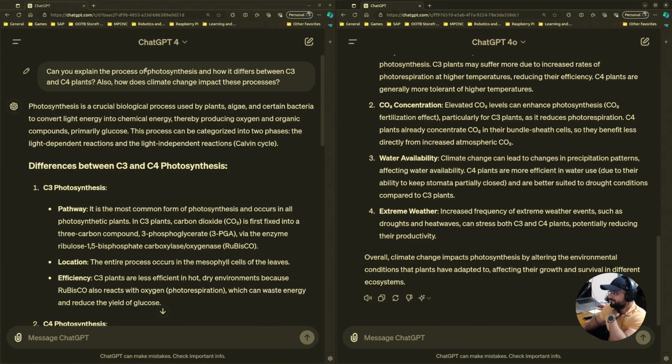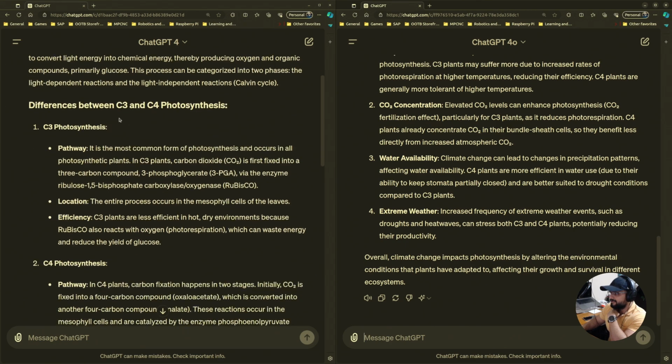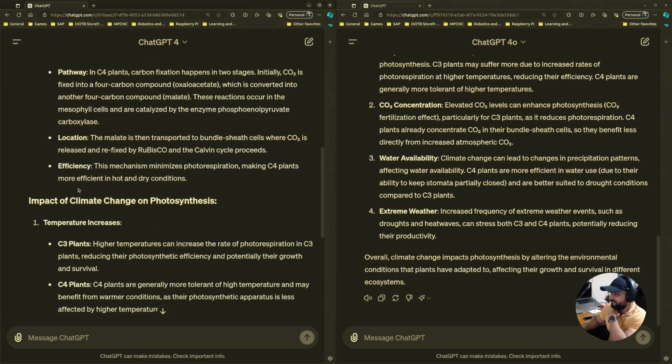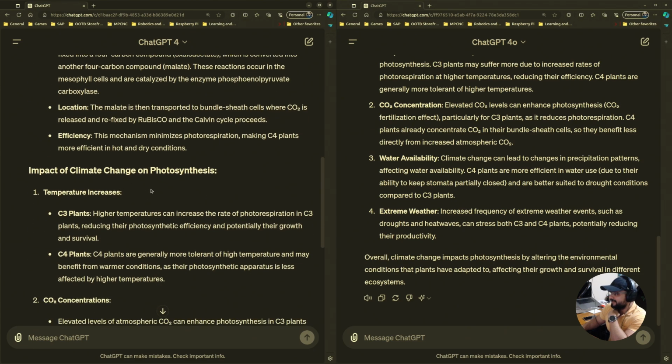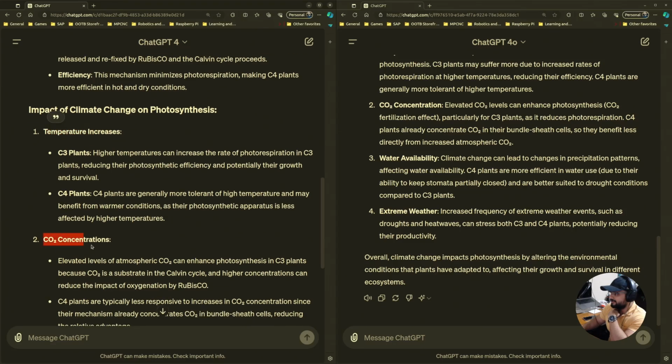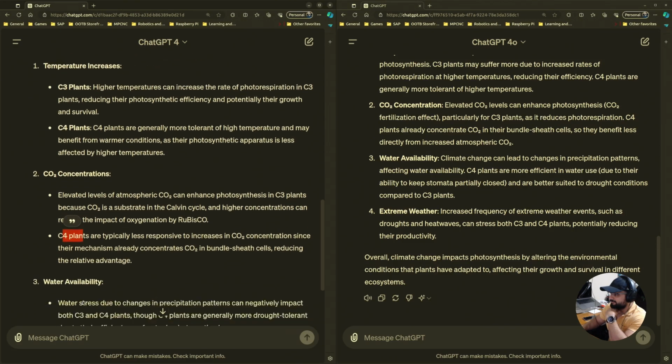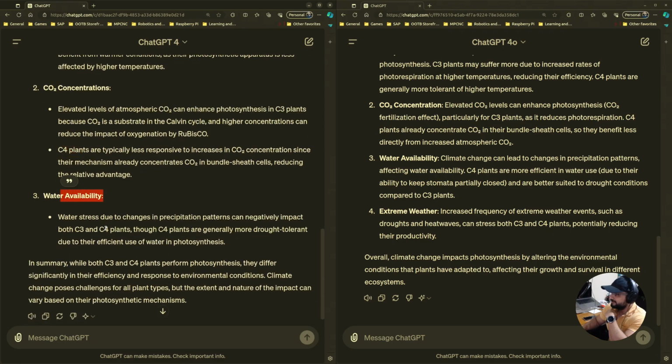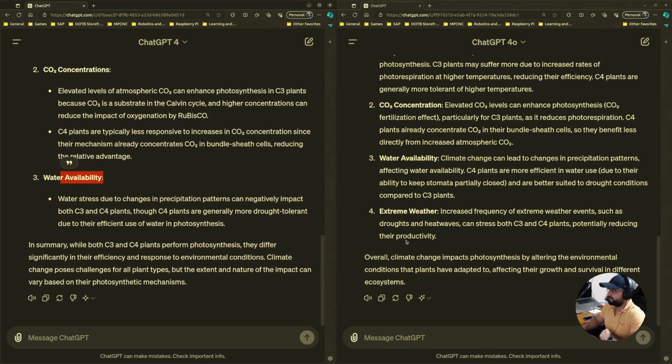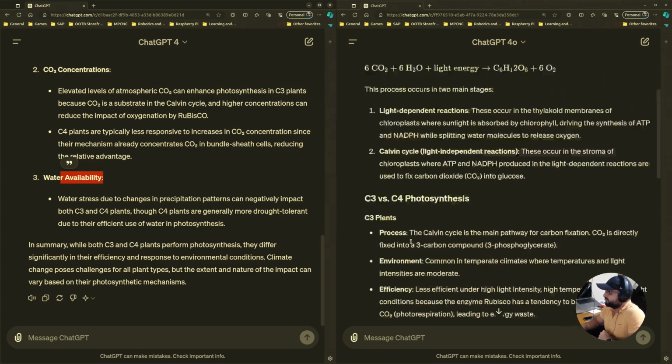Okay, so let's take a look at 4's response. And it has a good response over here. Differences between C3 and C4, that is good. An impact of climate change, it listed down some good factors. So that's pretty cool. Now let's take a look at what 4o did.